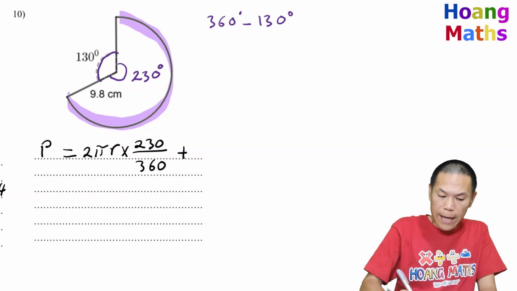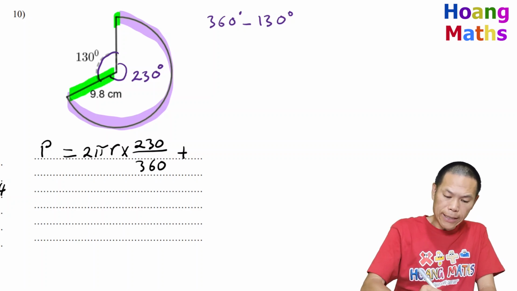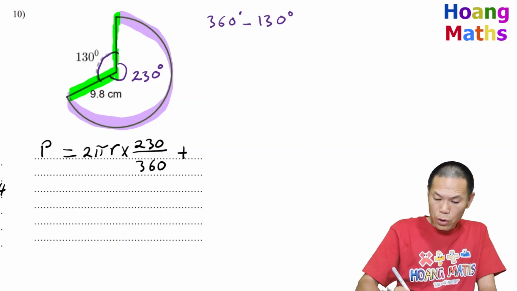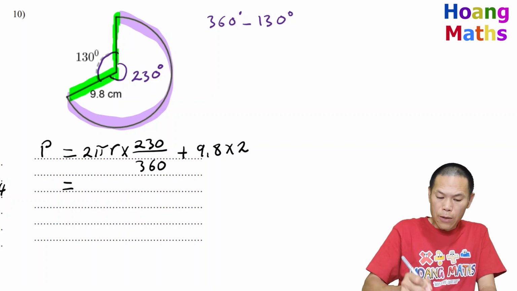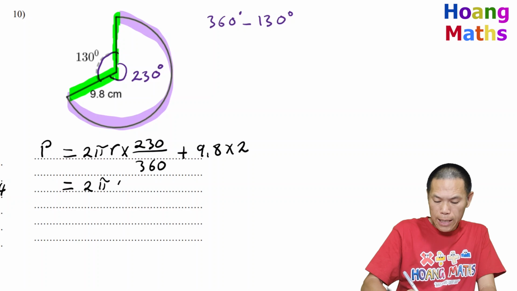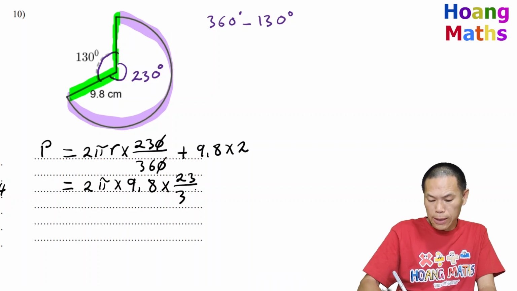And then we add 2 lots of this, 9.8, 9.8. So we just add 9.8 times 2, okay? So the radius is 9.8. So 2 pi times 9.8 times, let me just cancel these 2 0s out, okay? So 23 out of 36.